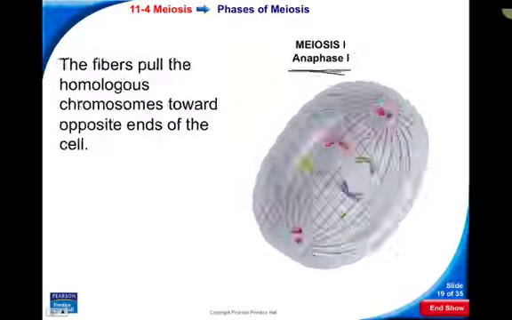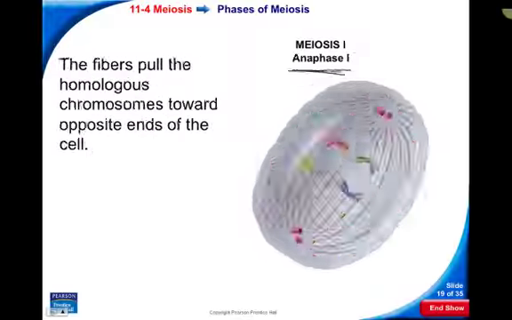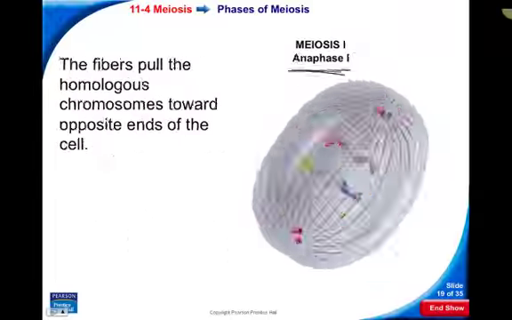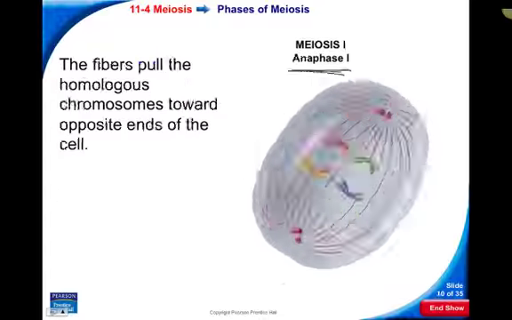Meiosis 1 resulted in 2 haploid daughter cells, each with half the number of chromosomes as the original. So our original member had 4. Now I have half. During metaphase, they line up, spindle fibers attach.